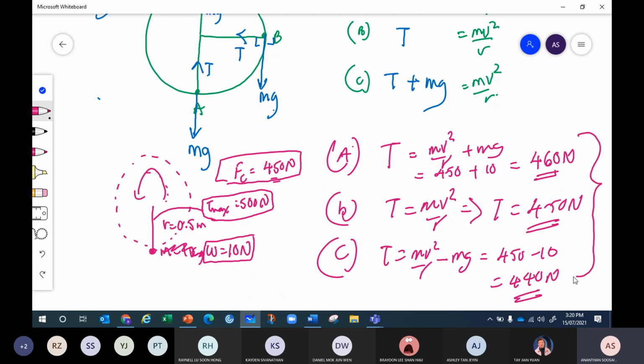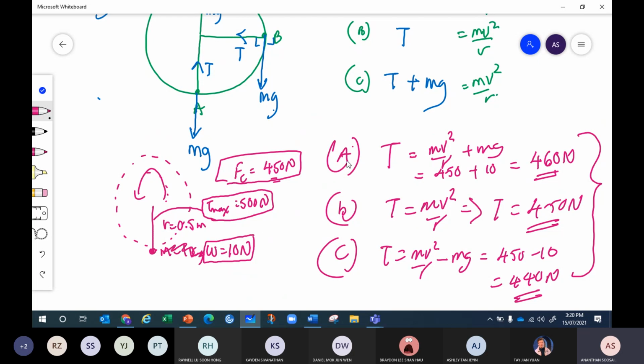Please look at the values, the tension at every point. When an object is whirled vertically up and down, is the tension in the string constant? It's not constant. The tension of the string varies in all directions. At which position does the tension become maximum? At the bottom or at the top?